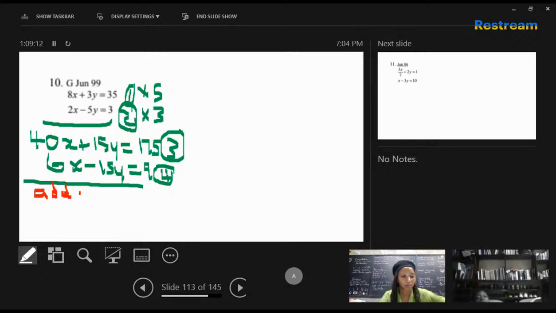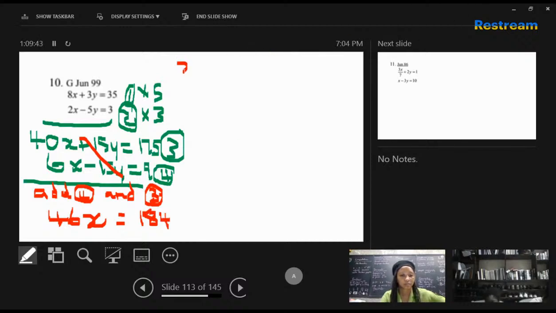So it would be 46x, and positive 15y and negative 15y cancel out. 46x is equal to 184. So x is equal to 184 divided by 46, and that would make x equal to 4.